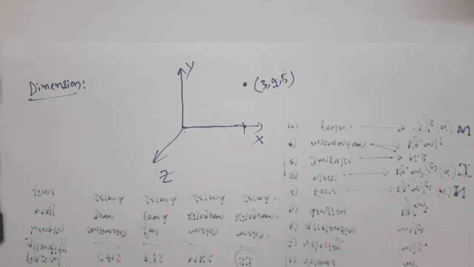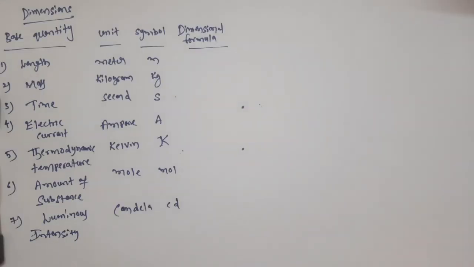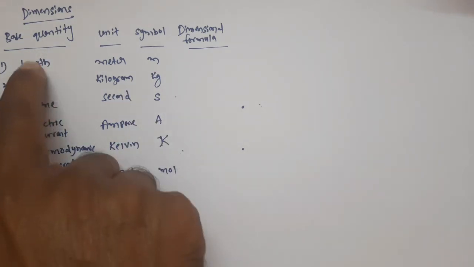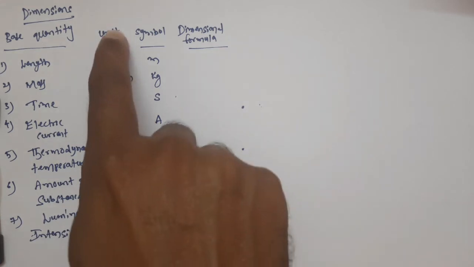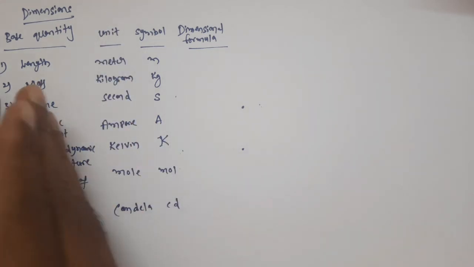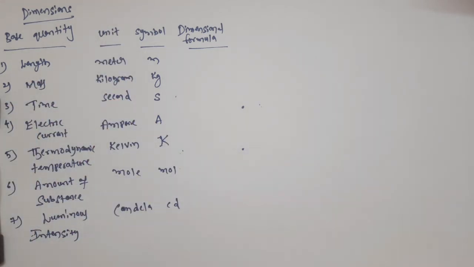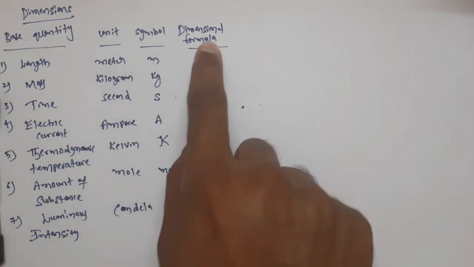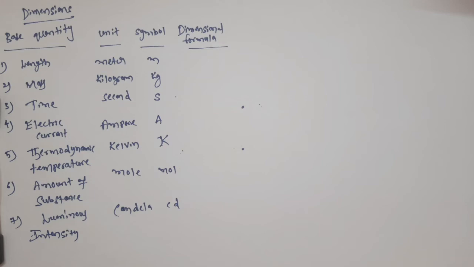First, let us assign a dimension to fundamental or base physical quantities. If you see the base physical quantities, we have 7 base or fundamental, whatever you call, both are same. 7 base physical quantities we have, and units of the same 7 base physical quantities and the symbols which we use. These are SI units only. Now let us assign dimensions, dimension formula, to each base physical quantity.